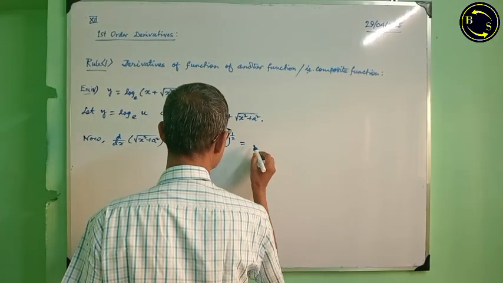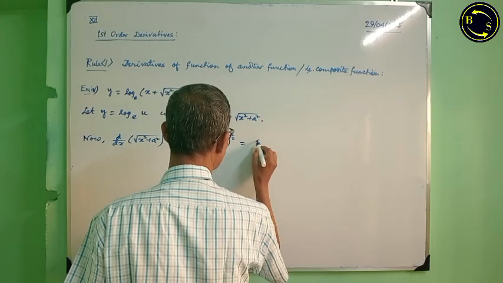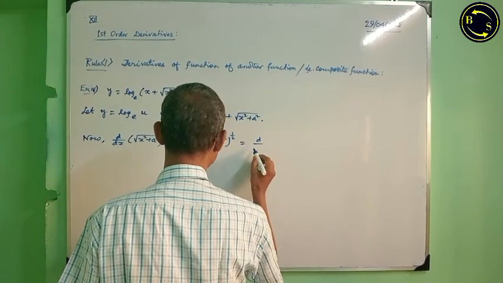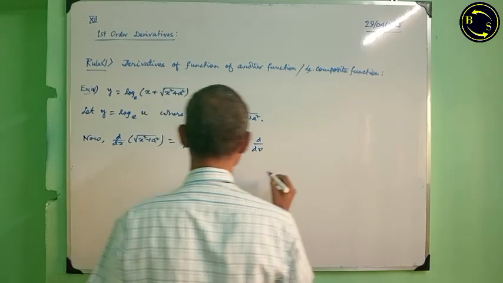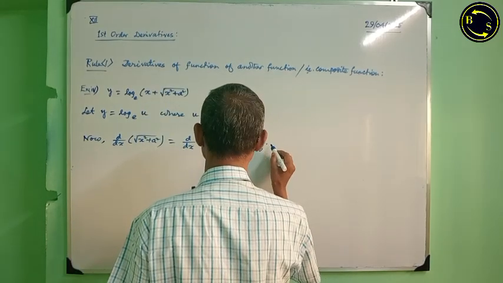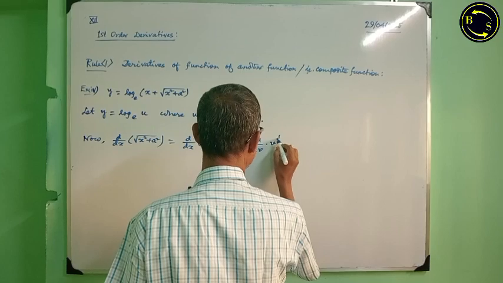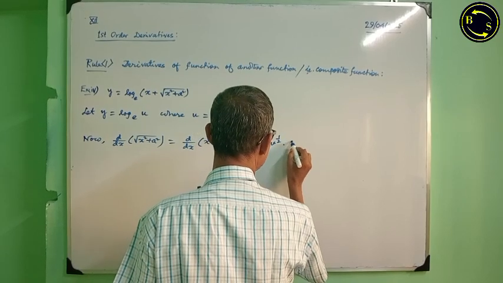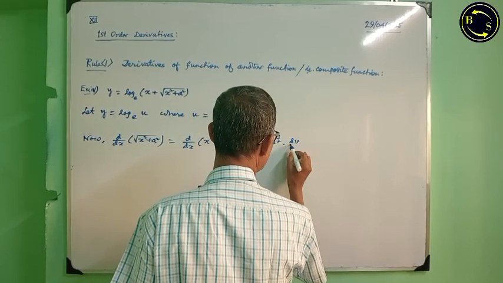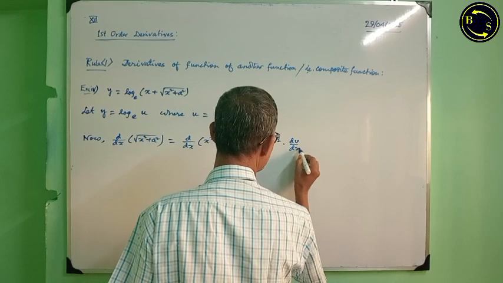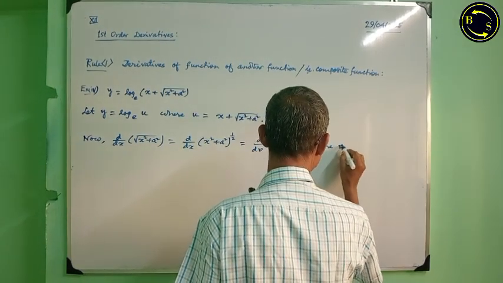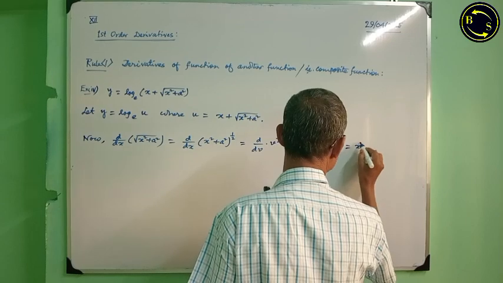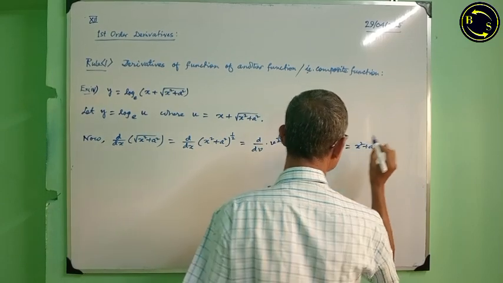I take that as v to the power half into dv/dx, where v equals x square plus a square.